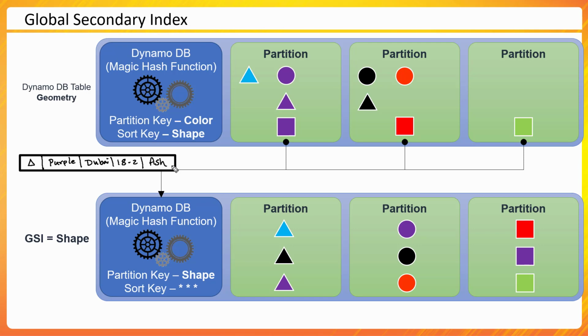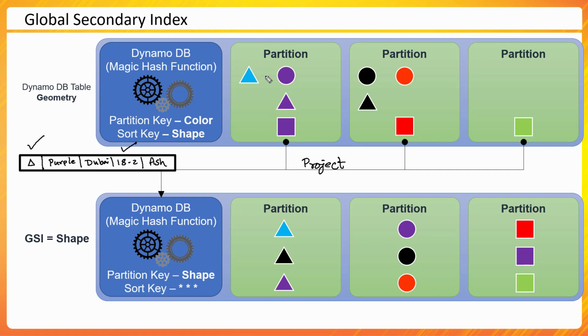I could say I would not be needing all the attributes in my GSI. I just need the attribute of shape and when this was created, that's all. So what we can do, we can project only the required attributes rather than storing all the attributes.